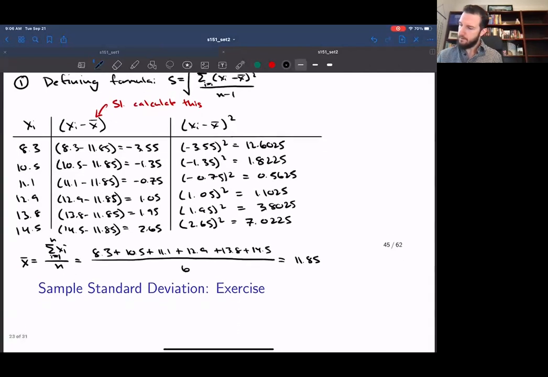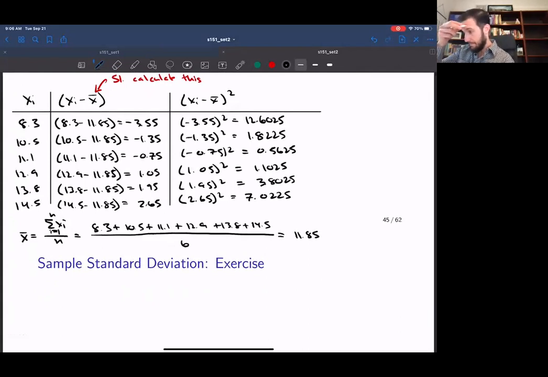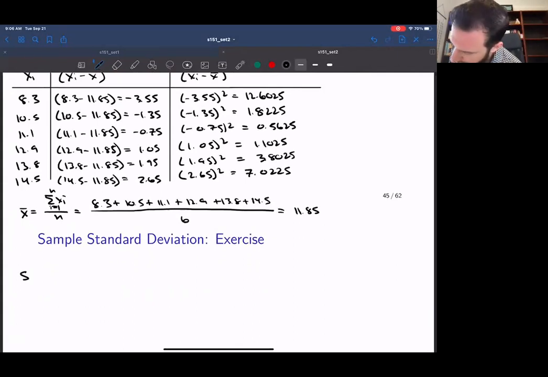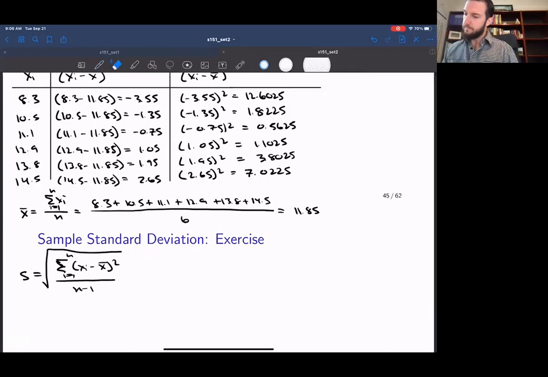All right. Okay, so our defining formula, which was written above, says take the square root of the sum from i equals 1 to little n of xi minus x bar squared, divided by n minus 1. Okay.